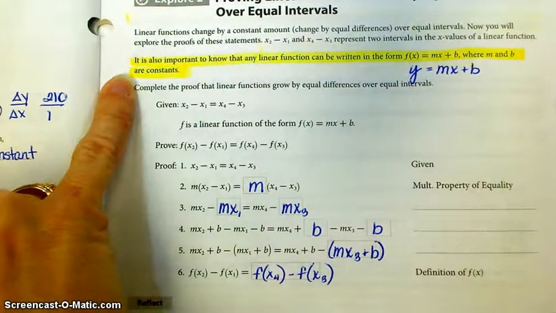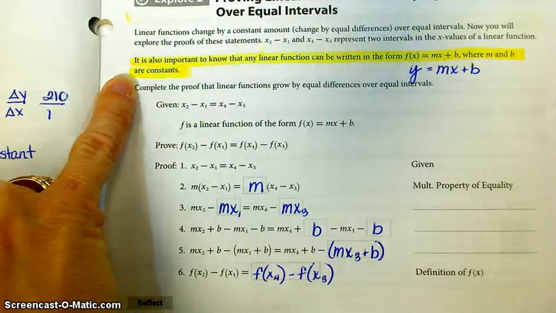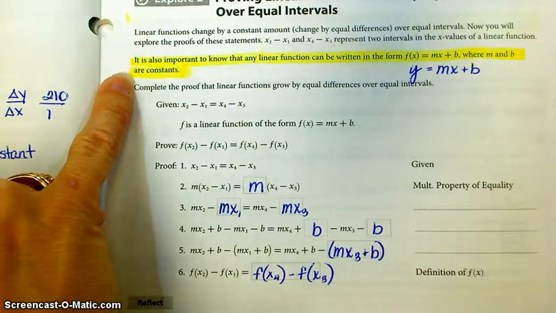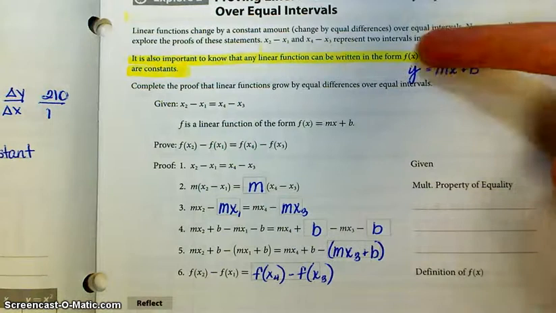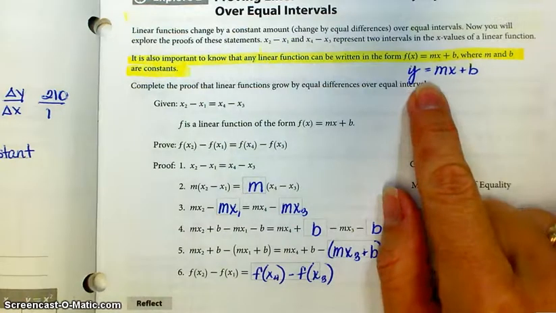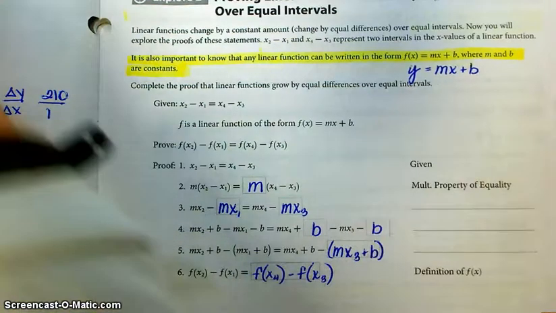One of the key things that I do want you to highlight is this reminder. It's also important to know that any linear function can be written in the form f of x is equal to mx plus b, where m and b are constants. Okay? You might have seen it as y equals mx plus b.